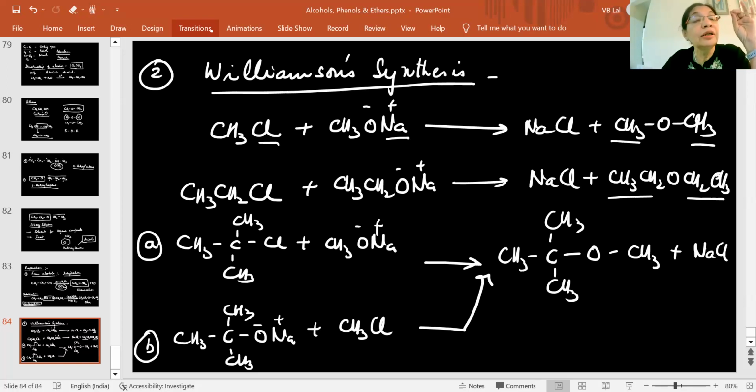What are they? Nucleophilic substitution reaction. So what is A? Is it SN1 or SN2? First tell me. If I do by A method, am I doing SN1 or SN2? Who will answer this? Hari Raghav, can you answer?